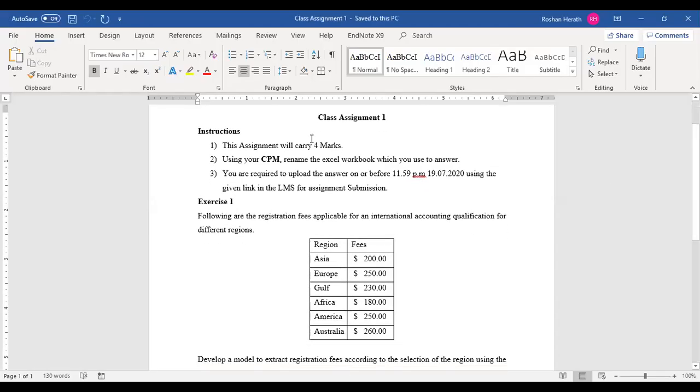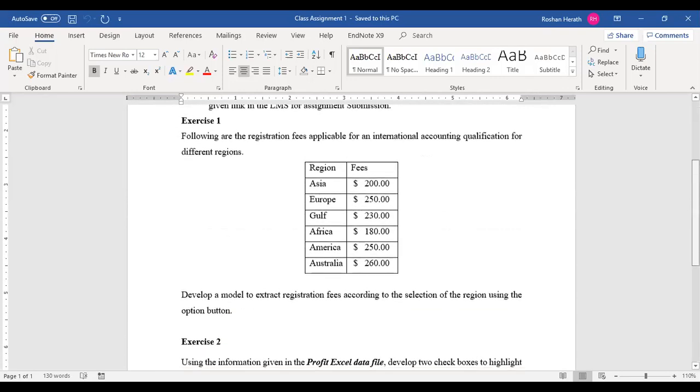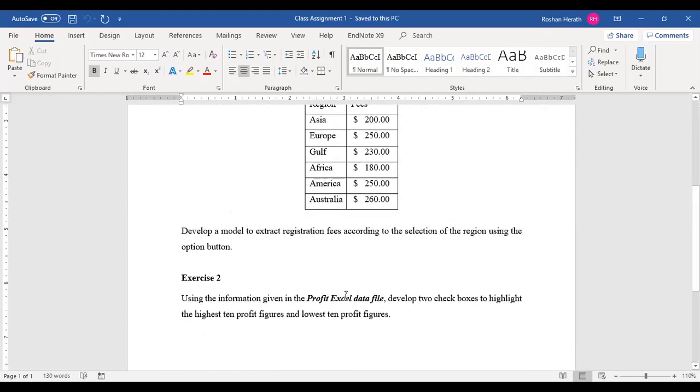The assignment will carry 4 marks as we agreed, and you have to rename the Excel workbook using your CPM, and upload the answer on or before 11:59 p.m. on the 19th of July using the given link. The link is given. You have 2 exercises to be attempted. For the second activity, you need the profit Excel database, which is also there. We'll make it available, then you can try this out.